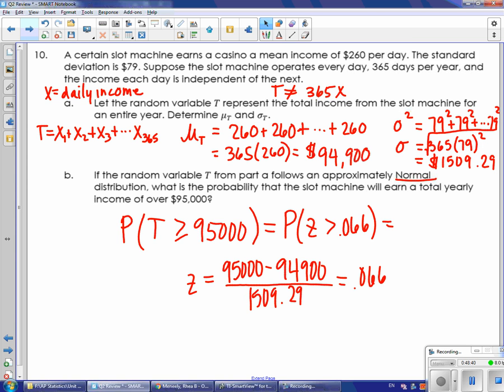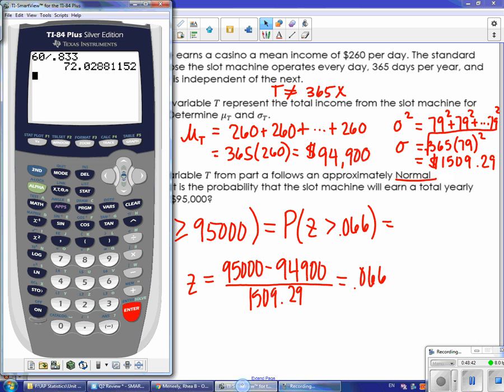And on your calculator, just to practice, we're going to go to normal CDF. Now with a normal function, you have to enter your low bound and then your high bound and then your parameters. This is different than the commands for the geometric and the binomial distribution, which require you to enter the parameters first.